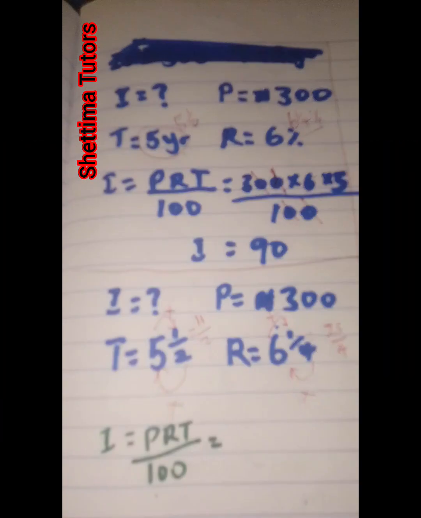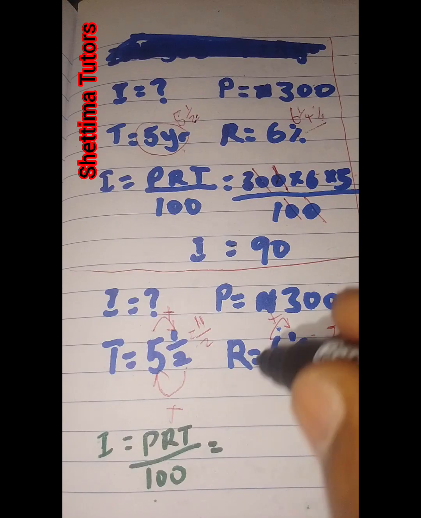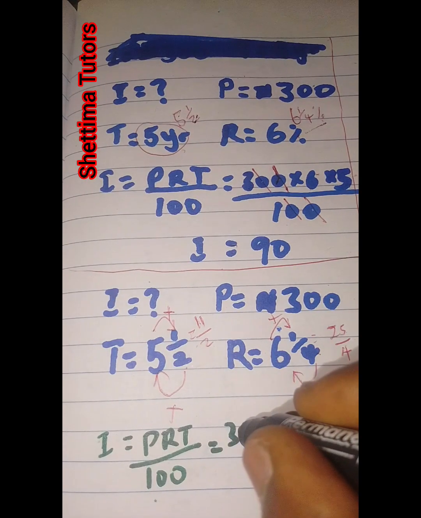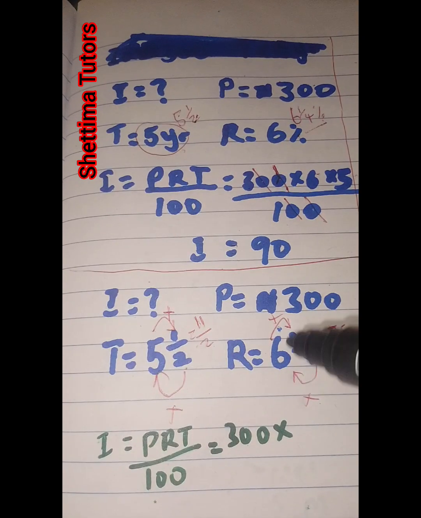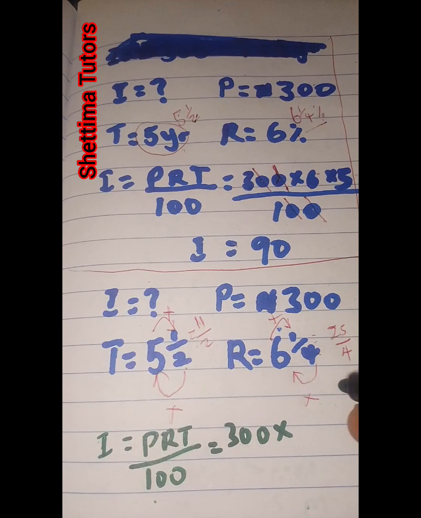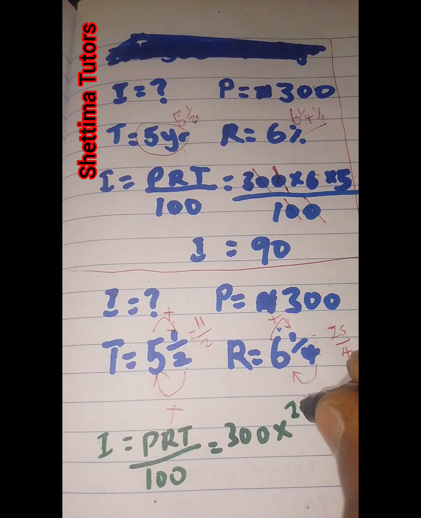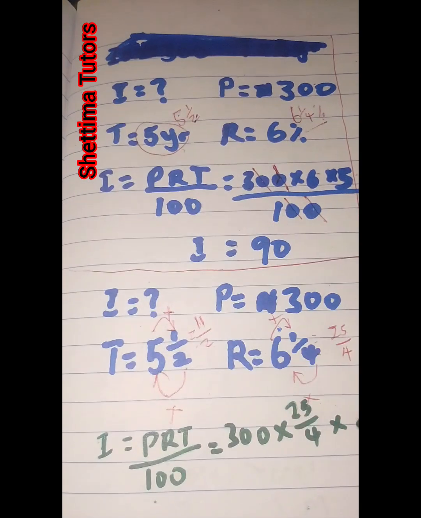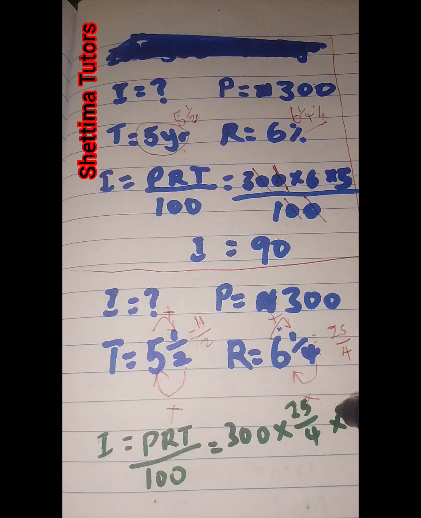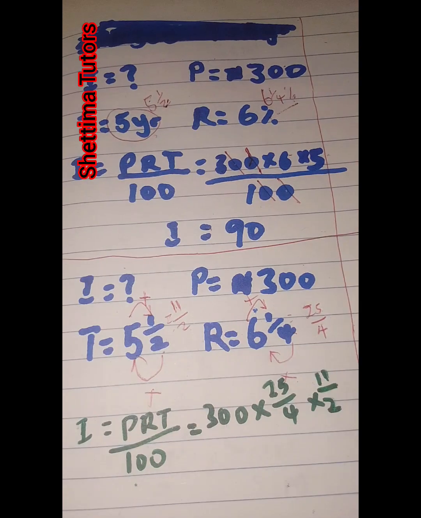That gives us PRT all over 100. Principal is 300 times our rate now. Remember, from 6 1 over 4, it becomes 25 all over 4, right? 25 all over 4 times our time, 5.5, that's 11 over 2, all over 100.